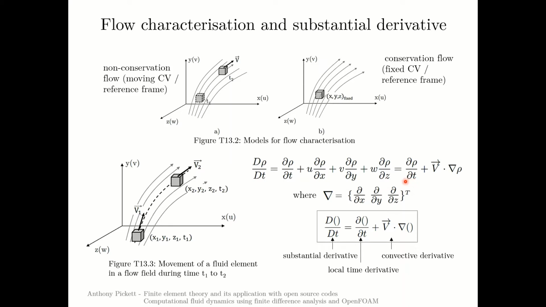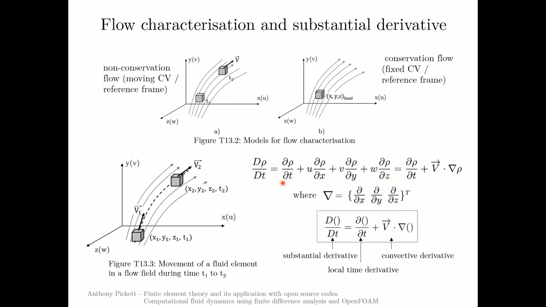I've not derived it here, but it's fairly straightforward. You'll find this in the book by Anderson, the references from Anderson. It comprises the change in density with time, which is called the local derivative, plus these convective derivatives.